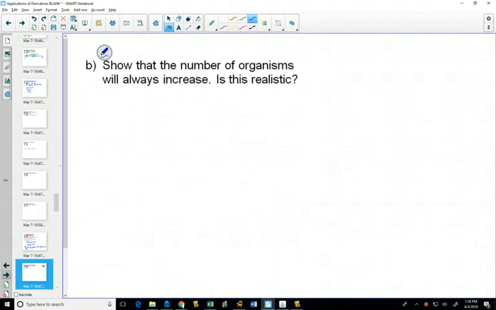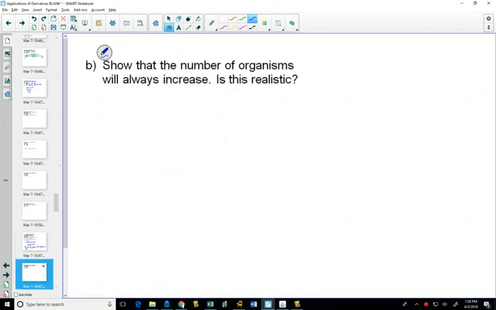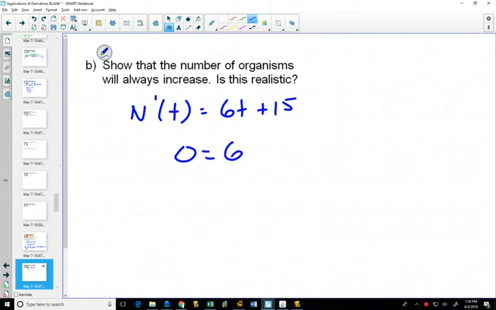Show that the number of organisms will always increase. So another thing we can do is we can look at our function here, which is 6t plus 15. I'll rewrite it here. We know that our derivative, and to find out where it's increasing and decreasing, well, we've done that with our graphs already. We set our derivative equal to 0.